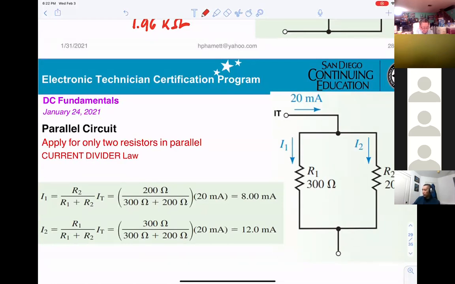If you want I1, you take the total current times R2, divided by R1 plus R2. If you want I2, you take the total current times R1, divided by R1 plus R2. That's the current divider law. It applies to parallel circuits, where the current is different in each branch.